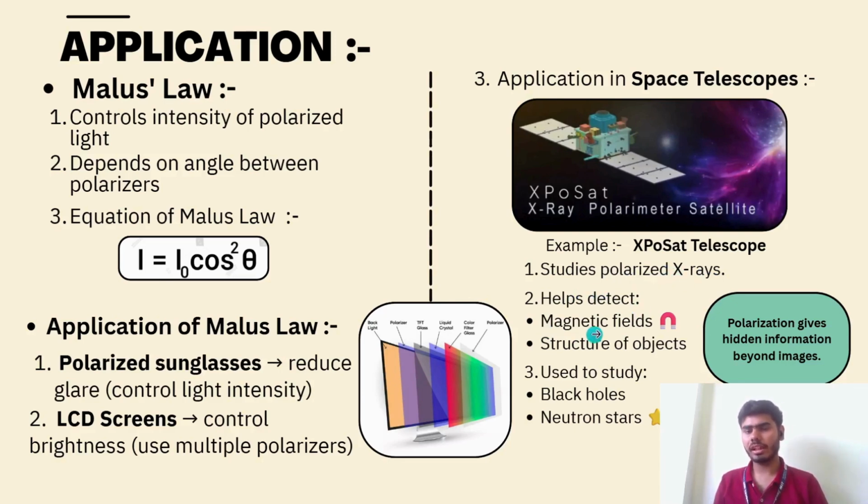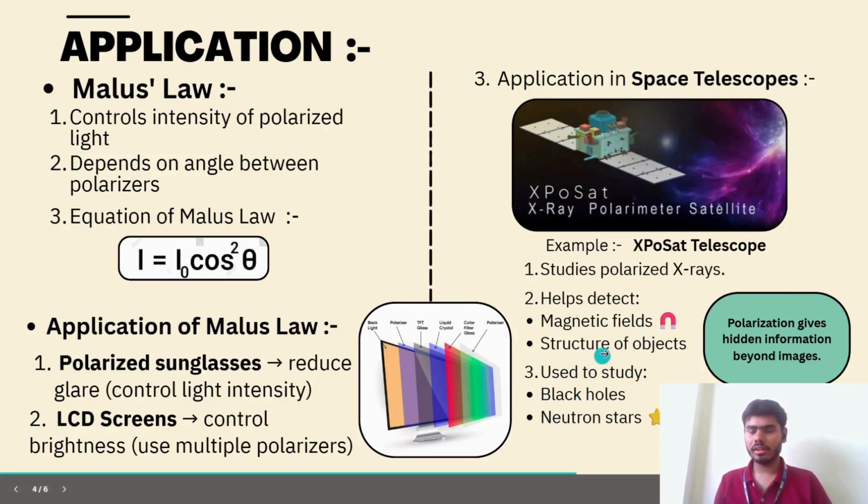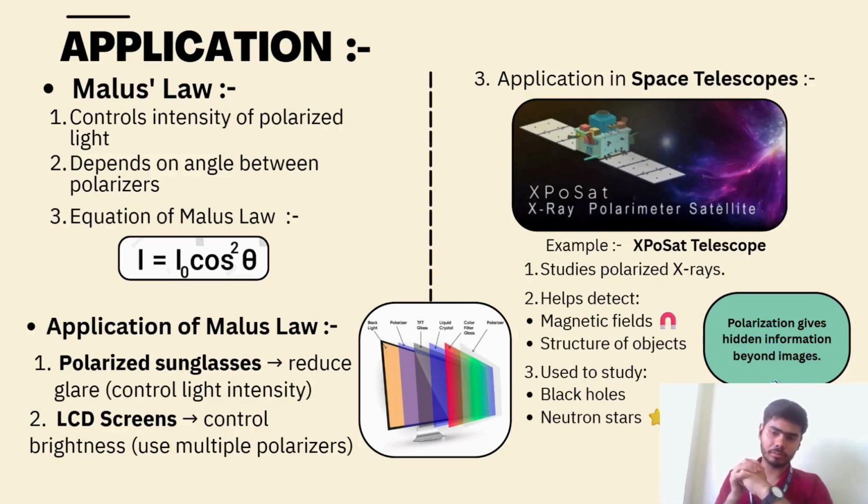It helps to detect the magnetic field structure of objects in various galaxies or the universe. It is used to study black holes and neutron stars. Polarization gives hidden information beyond images.